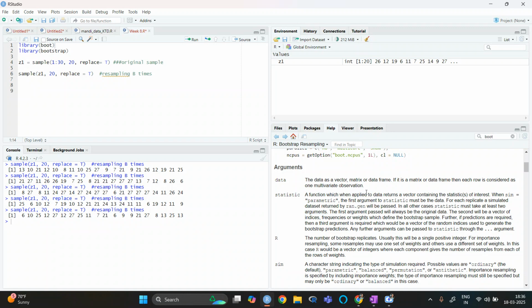Okay, so let's say we want to find the correlation between two things. So we need to give a vector of two, a data frame of two columns.